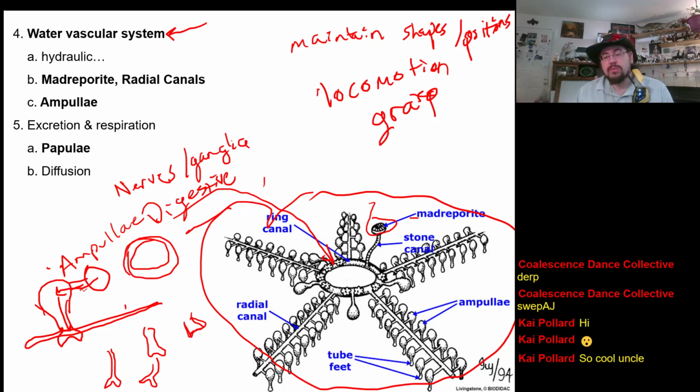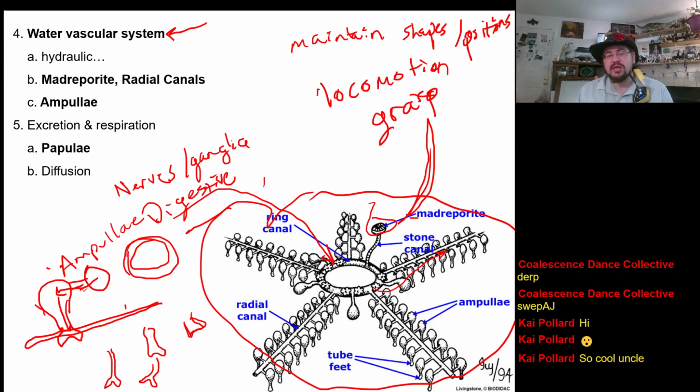So it's hydraulic pressure in the water vascular system that allows a starfish to move its arms. With this long radial canal, if you flush water into it, you'll generally get that curving arm that curves upwards. So that's kind of cool. It's all about manipulation of water in the starfish.